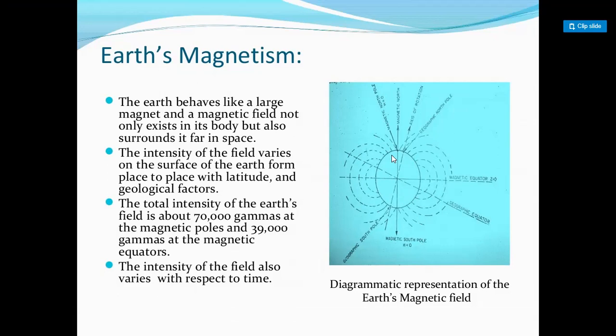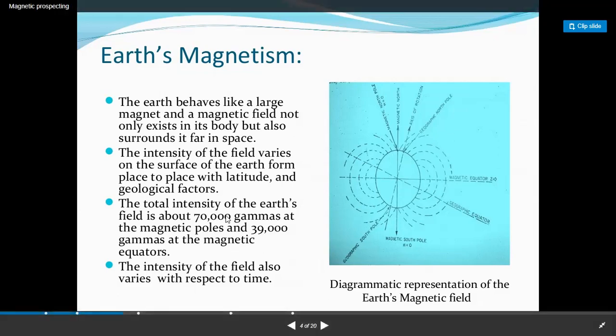So here, guys, our Earth has a magnetic field, but it is not bounded to the surface of the Earth; it also extends into space. The intensity of the field varies on the surface of the Earth from place to place with the latitude and the geological factors. Latitude and geological factors affect the intensity of the magnetic field in different areas.